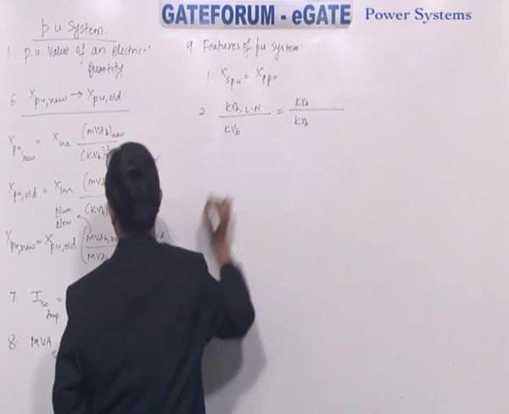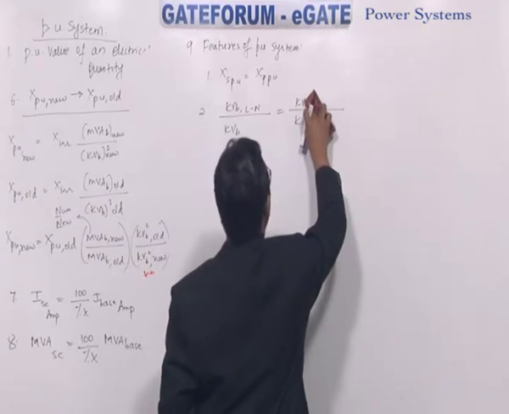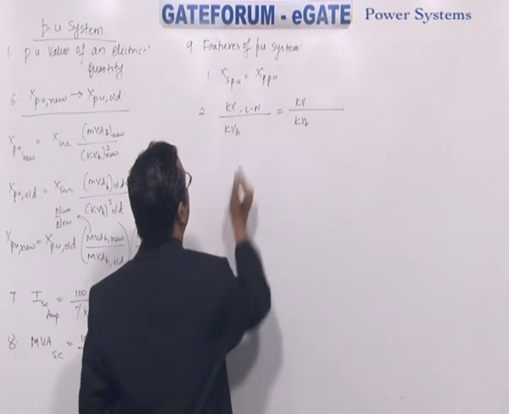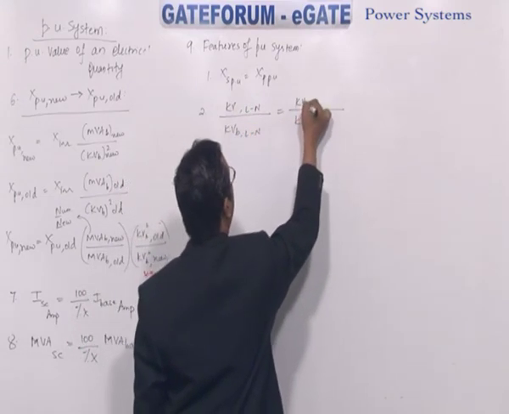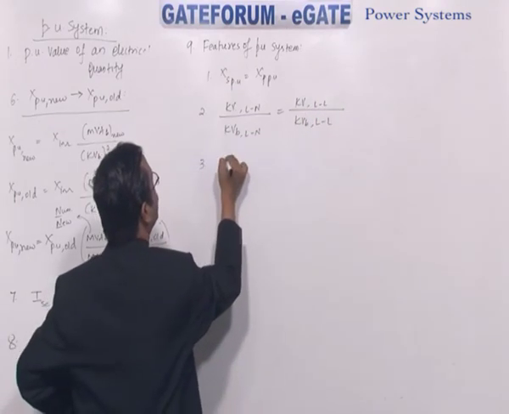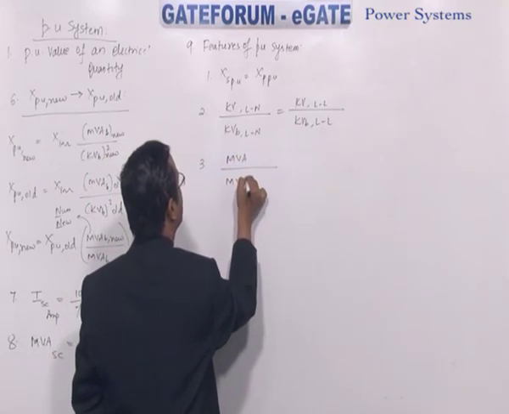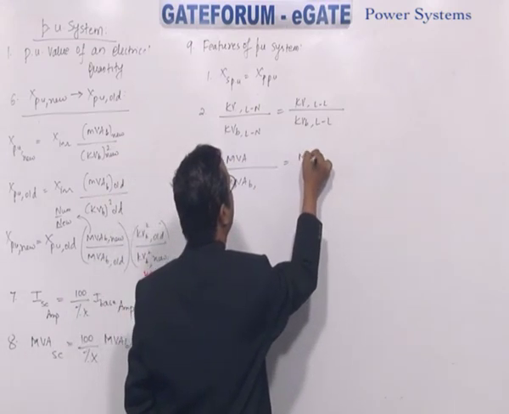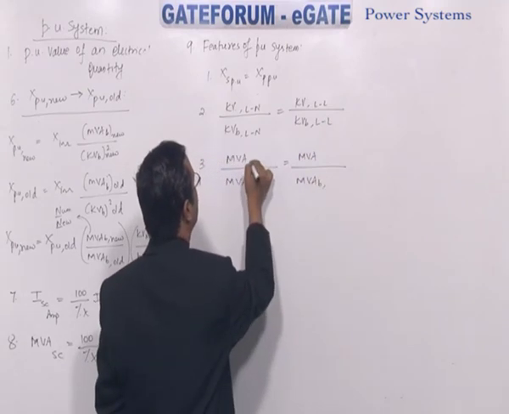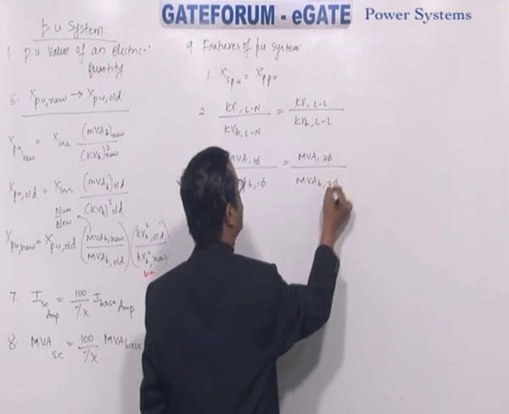So the voltages, actual values calculated with respect to base values, whether they are line to neutral or line to line, it is the same. Similarly, the ratios of MVA with respect to base MVA, whether single phase or three phase, both are the same.